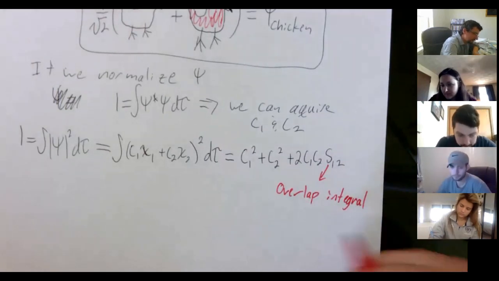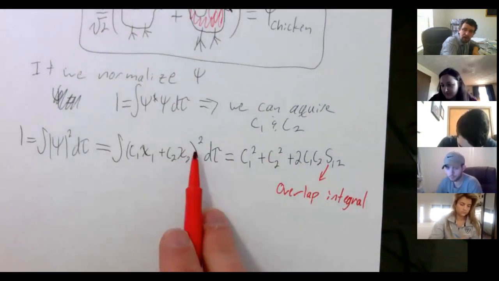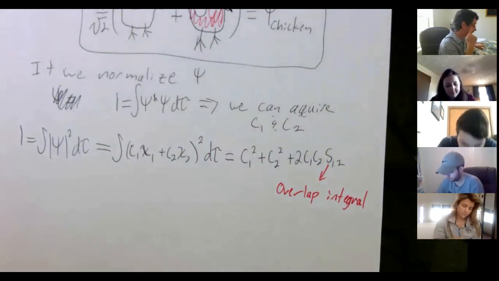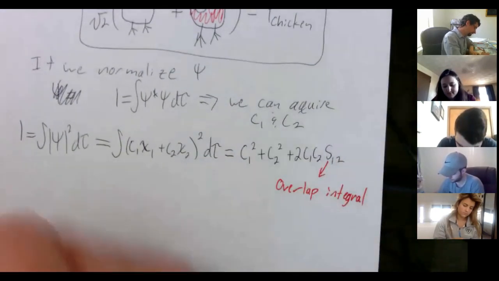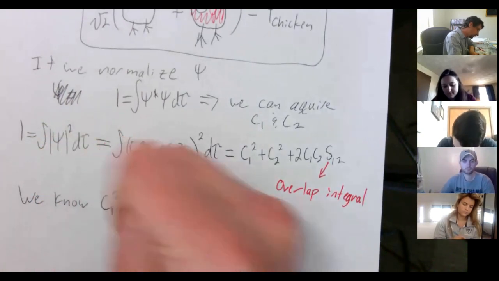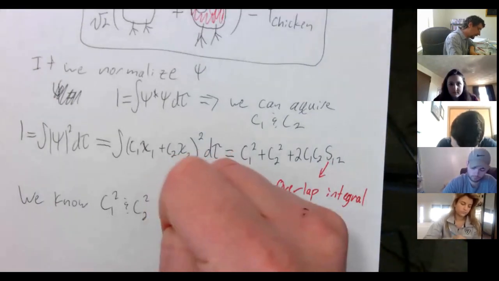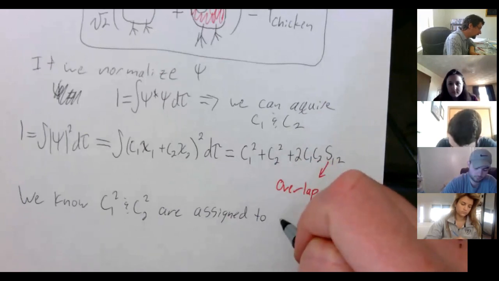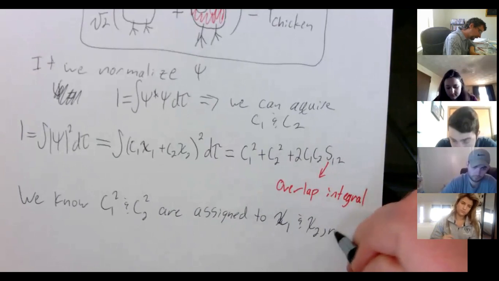So what it is, it's like the integral between chi1 and chi2. Okay. So we know that C1 and C sub 2 squared are assigned to chi1 and chi2 respectively.